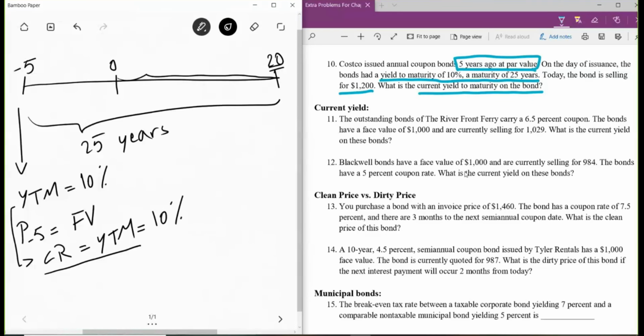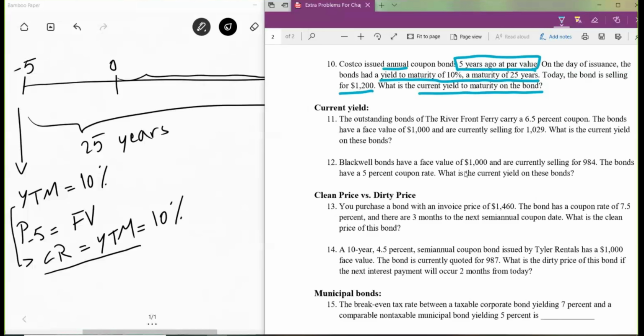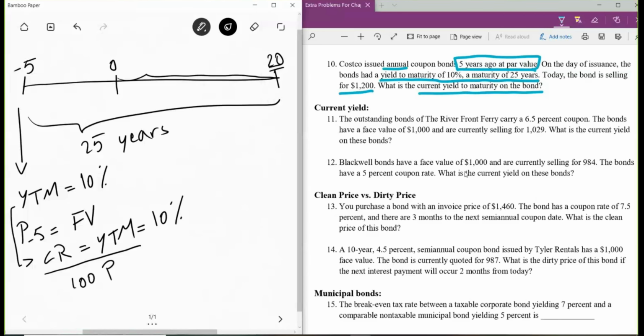Now because I have an annual coupon paying bond, I can say that 100, this is the payment, 1,000, this is the face value. I have the current price as minus $1,200. This is PV.